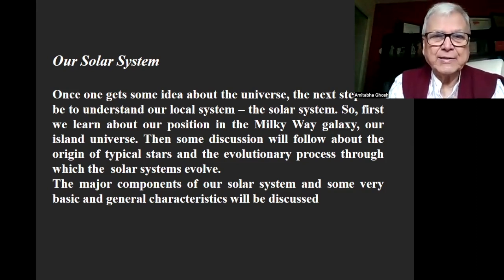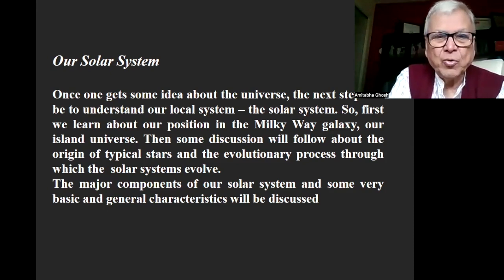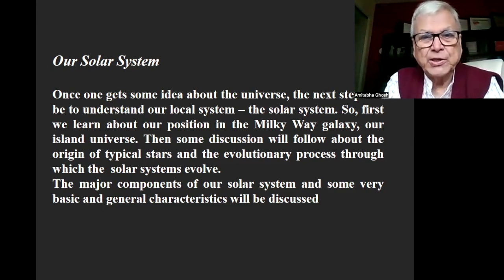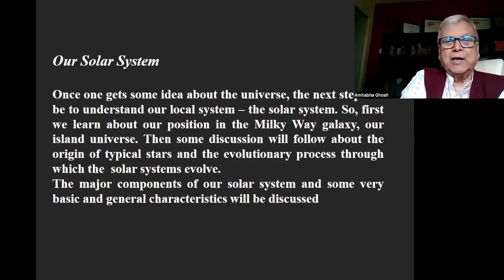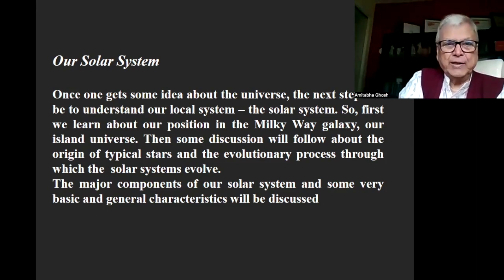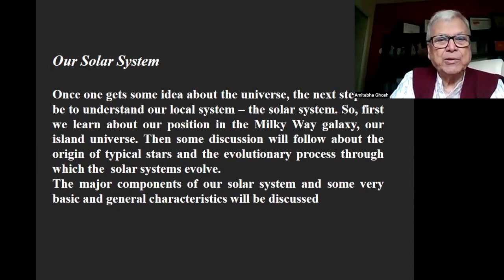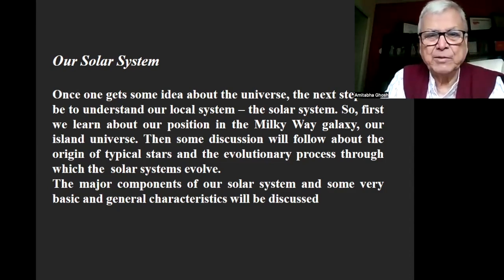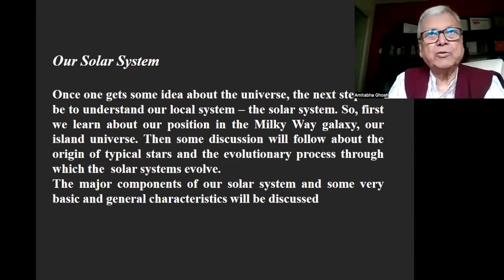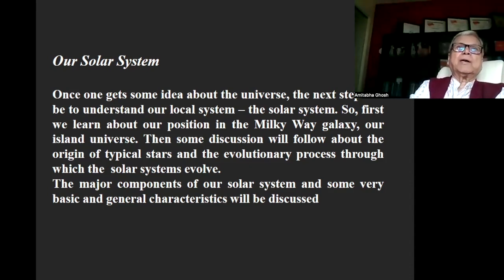Our solar system is the important thing. Once one gets some idea about the universe, the next step will be to understand our local system, the solar system. So first we learn about our position in the Milky Way. Where are we located in our island universe, the Milky Way galaxy? And then some discussion will follow about the origin of typical stars and the evolutionary process through which the solar system evolved.